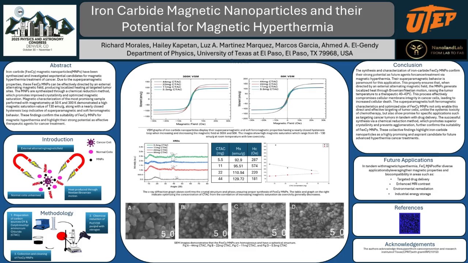But yet, with future applications, magnetic nanoparticles can help in drug delivery, as well as other applications unrelated to cancer treatment, like enhanced MRI contrast, environmental remediation, and industrial energy storage. So there's a lot of practical use for these magnetic nanoparticles in a wide range of things. However, right here in magnetic hyperthermia, there is a very high potential for it to be useful.